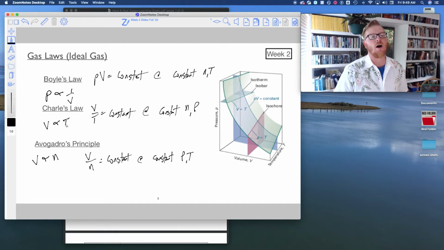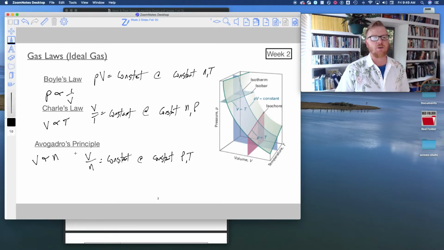So in Boyle's law, as the pressure goes up, the volume has to go down, or as the volume goes up, the pressure has to go down. They're inversely proportional. But in Charles' law, volume and temperature are directly proportional. So assuming that number of moles and pressure are held constant, if you increase the temperature, you increase the volume. You decrease the volume, you decrease the temperature.